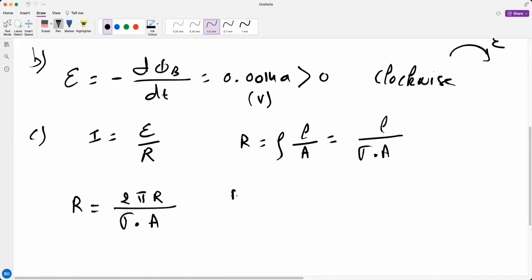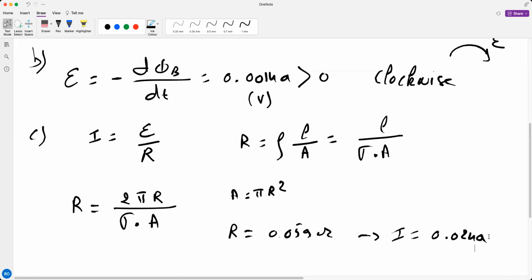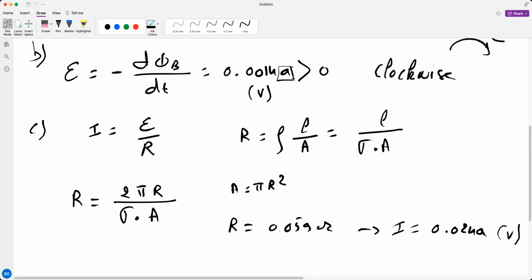We already calculated the area, and you will find that the resistance is 0.059 ohm, which will give you the current, equal to 0.024, times A obviously, because you have this A from before. So this is a very straightforward application.